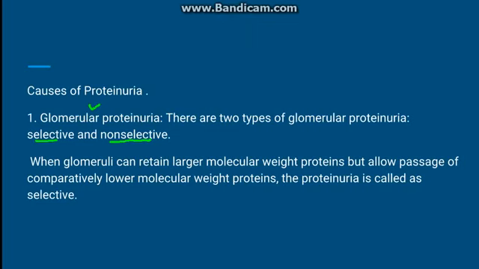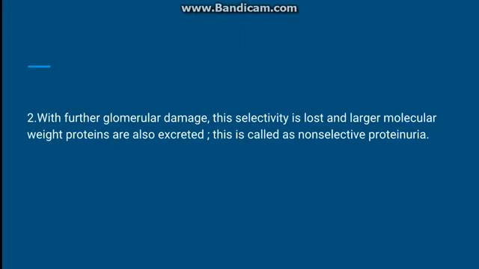When the disease is early in onset, the glomeruli can retain the large molecular weight proteins because the damage is not so much, but lower molecular weight proteins are excreted into the urine, and this is known as selective. However, late in the course of the disease, this selectivity is lost, and larger molecular weight proteins will also be excreted. This is known as non-selective proteinuria.